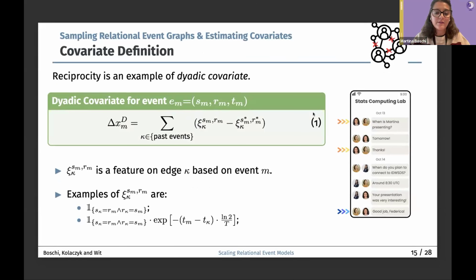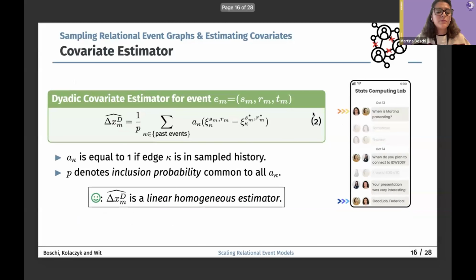So you can check, for example, if the previous event satisfies a condition, for example, being the reciprocal of the event of interest or the non-event of interest. When it comes to estimating this quantity, you need to apply the bias correcting factor and then an indicator variable that is reporting if the previous edge is in the history or is not.